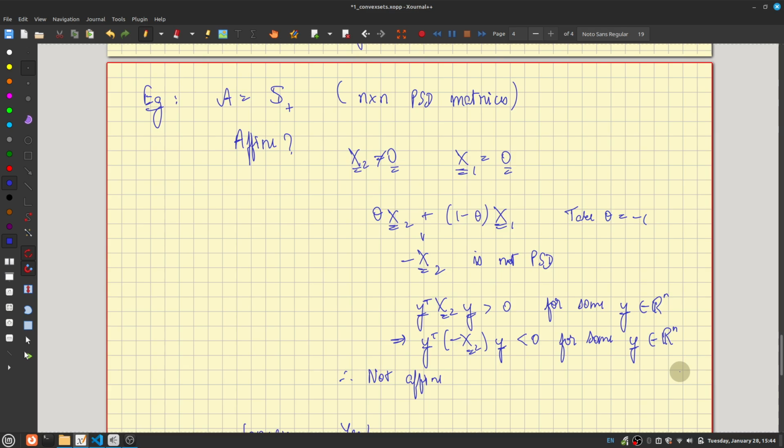So similarly, you can think about whether the set of positive definite matrices is affine, is it convex, is it a cone? What do you think? Why is it not a cone? Yeah, theta equal to 0. So the set of positive definite matrices is not a cone. Is it convex? It turns out that yes, it is convex.